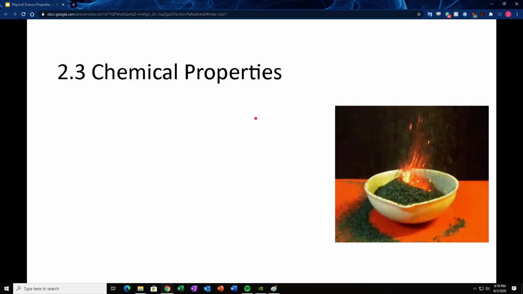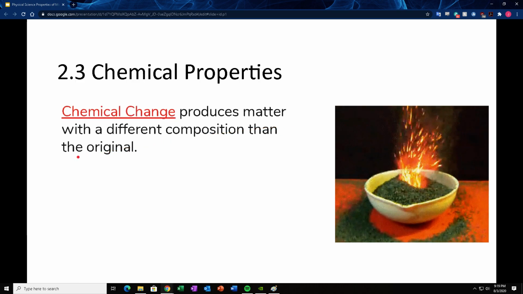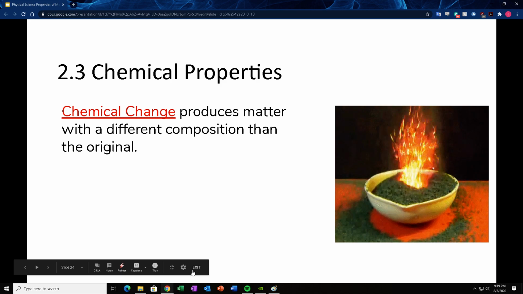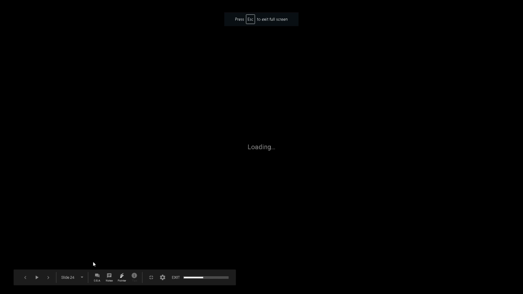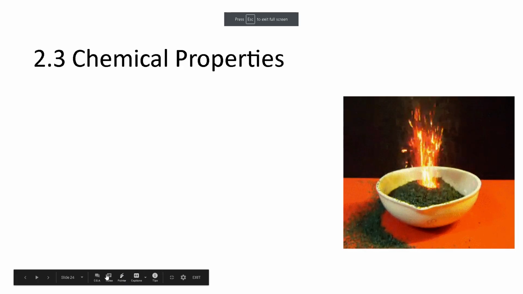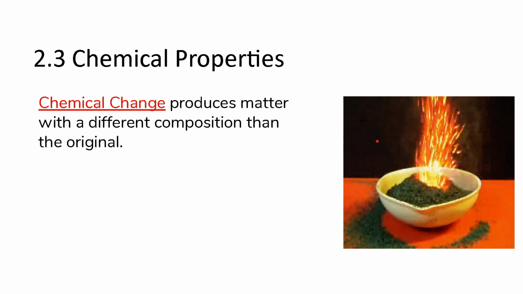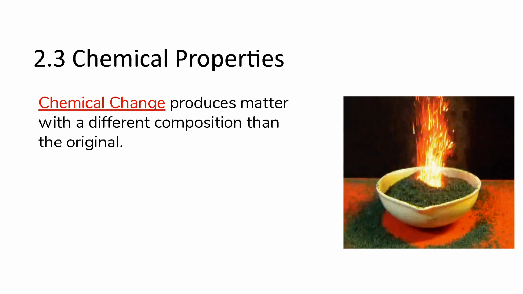So that brings us to our next section where we talk about chemical changes. So let's see if I can get this. I need to put this back. Here we go. Alright, so chemical changes. What we saw in the last video produces matter with a different composition than the original.